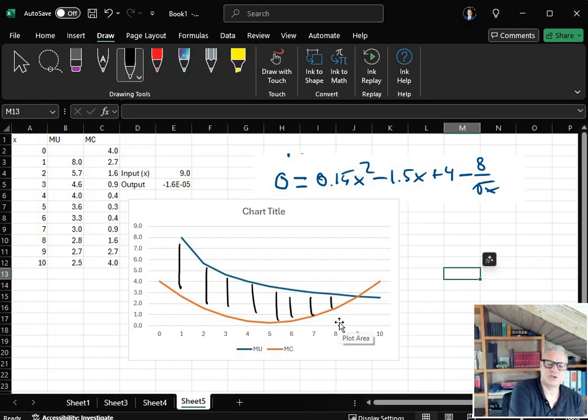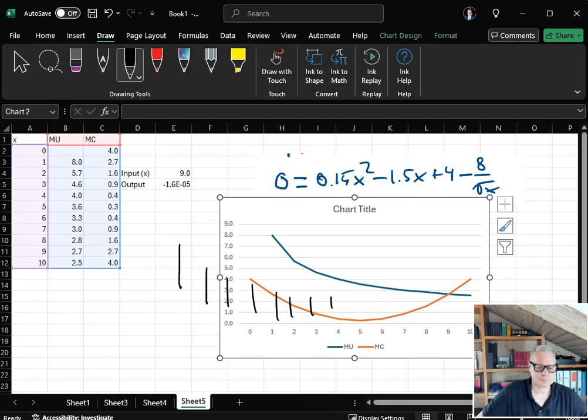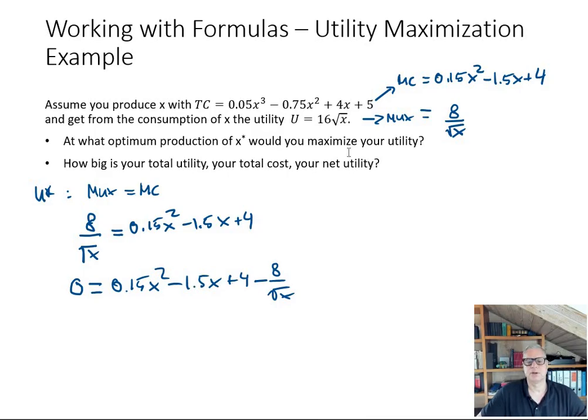Okay, so how much total utility do we get? We know our optimum is 9. That's the optimum consumption level. So if we plug in 9 here, maybe I'll just add that quickly, the total cost and the total utility.